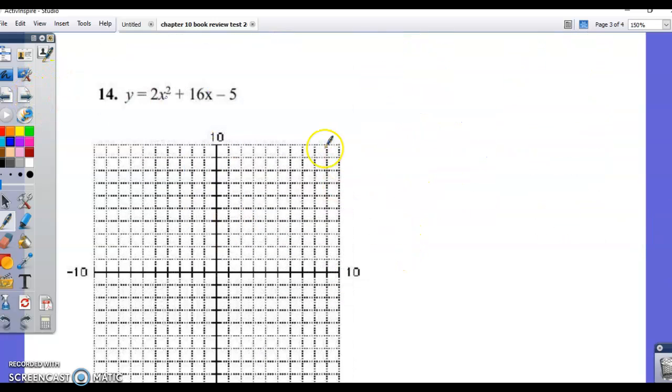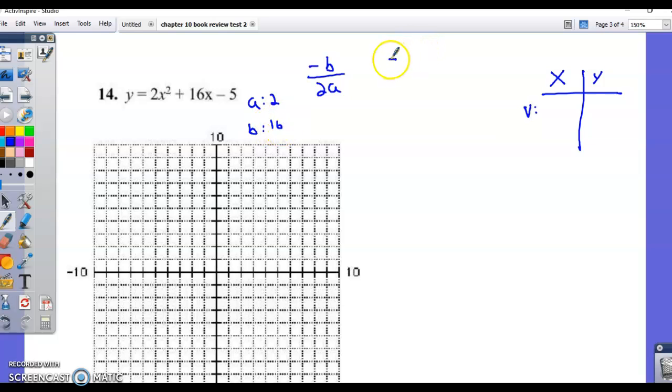All right, so here's another one we can work on. So again, the x and my y, I'm going to do my vertex first. So negative b over 2a again. I have my a and my b, my a is 2, my b is 16. So negative 2 over 2 times 16.